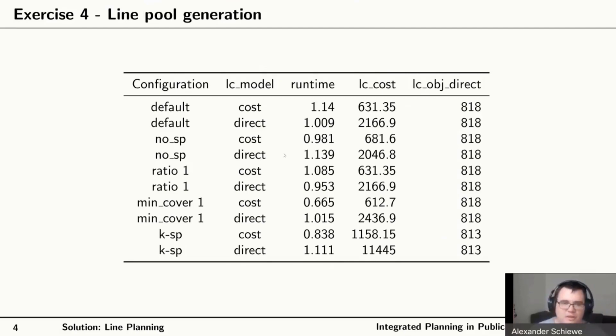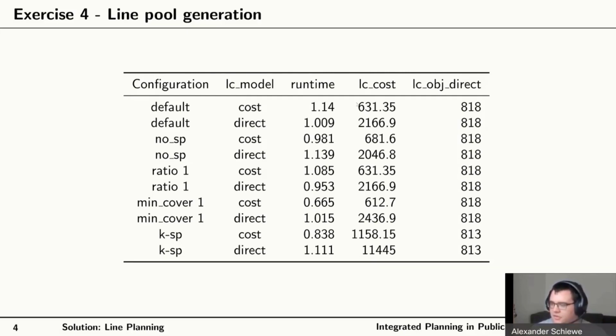And the last thing that I wanted you to see is what happens if you try different line pools. So don't look at this configuration stuff in here. That's more so that I remember which configuration I set to create this line concept and this line pool. But the line pool generation has different parameters. You can play around with them and create different line concepts. And you really see that that's important. So everything is optimized either to costs or to the direct travelers.